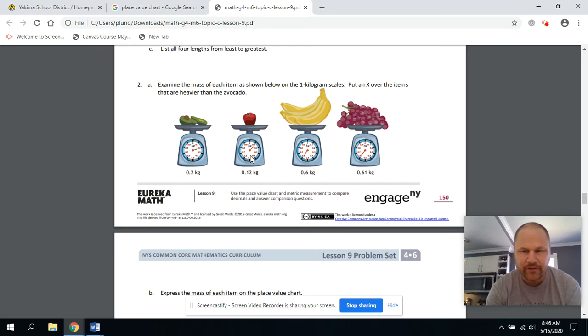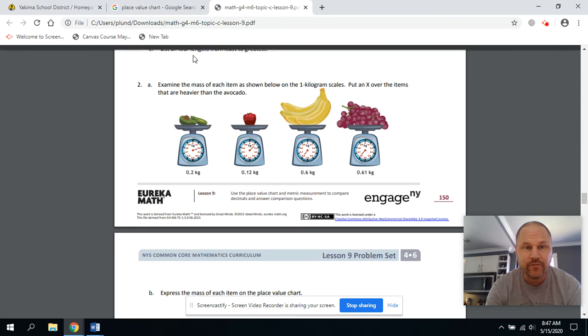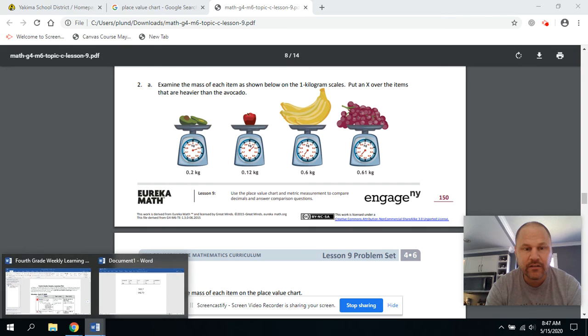It is not heavier than the avocado. Because if we go back to the place value chart, this 2 is in the tenths place, right? So we compare the tenths to the tenths. There's only 1 tenth here. So it's smaller, right?